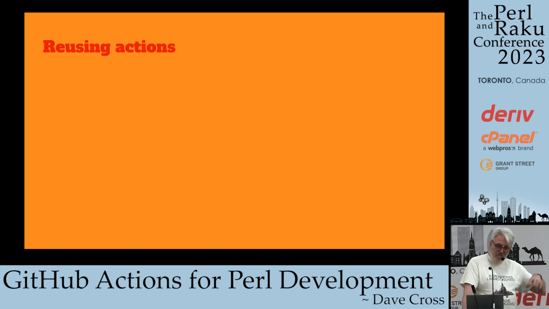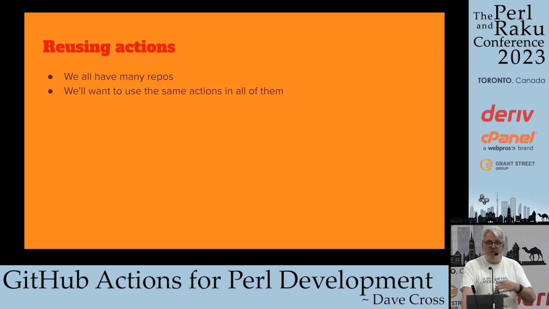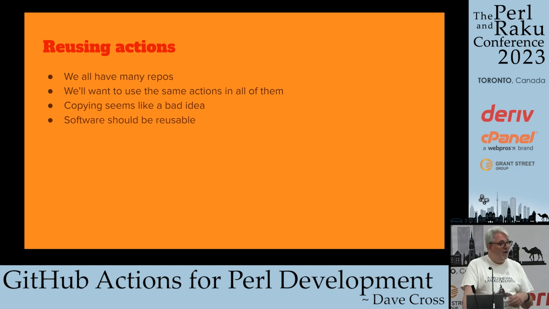So we've got these 3 actions that I've written, and we've all got many repos, and we want to use the same or similar actions in all of them. Copying is always a bad idea. Software should be reusable in some way, and actions obviously are.